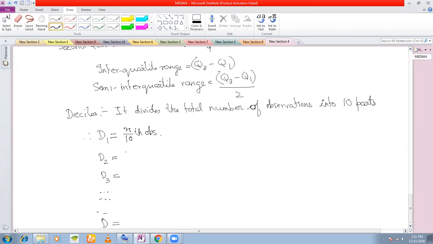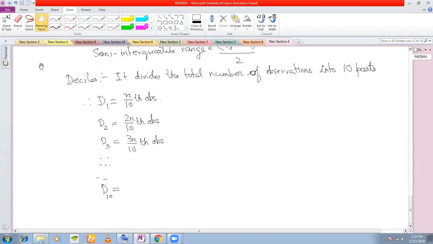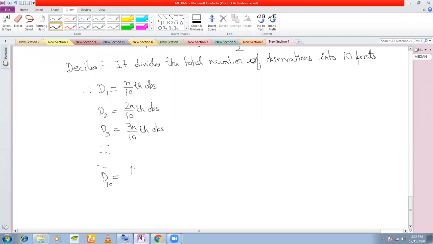The second decile is the 2n by 10th observation. Clear with this? The third is the 3n by 10th observation. And finally, the 10th decile is 10n by 10, which is equal to the nth observation. Understood? This is how we define the deciles.